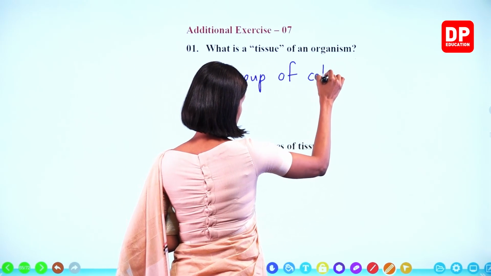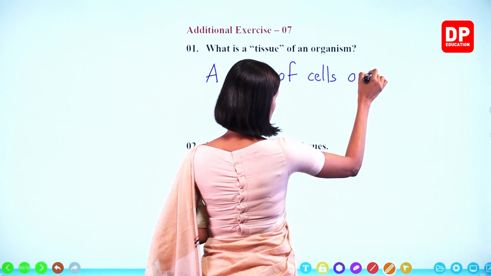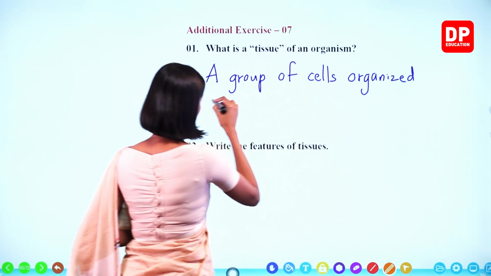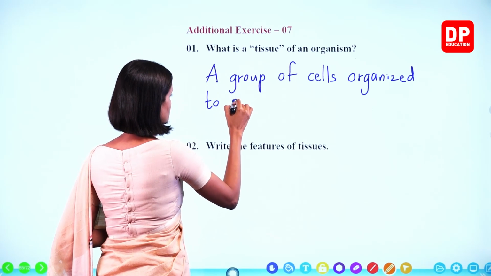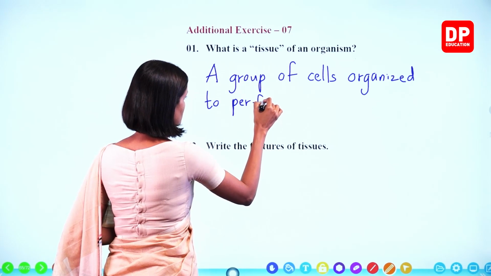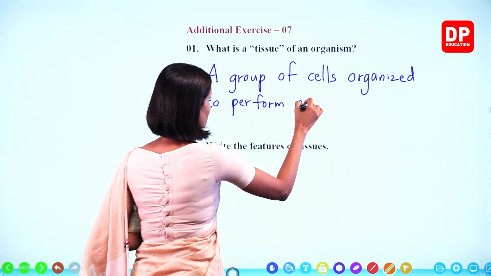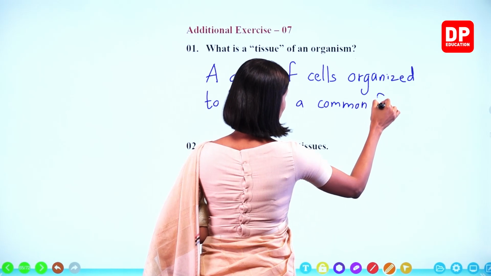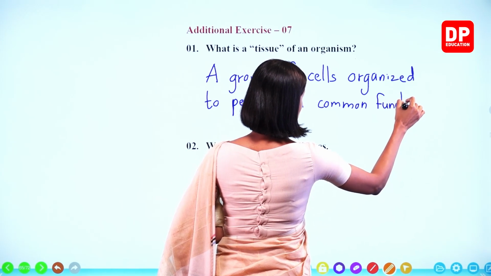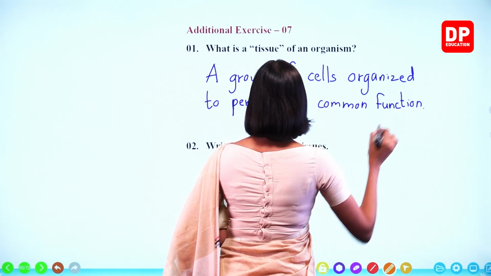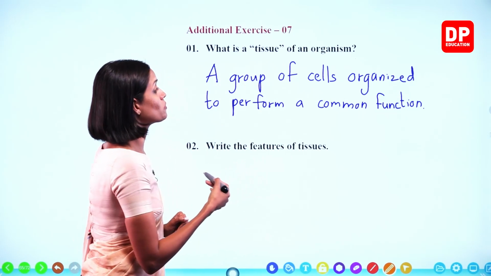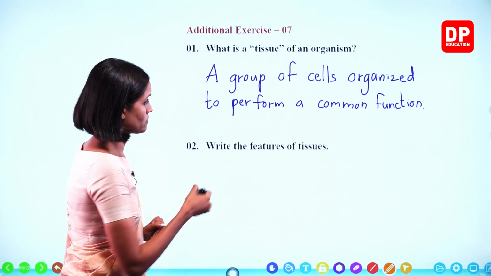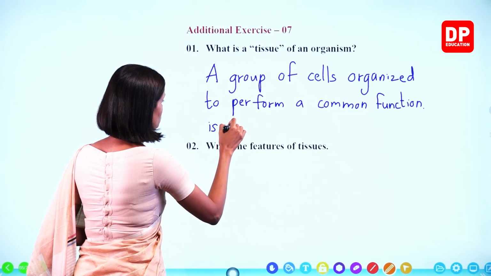A group of cells organized to perform a common function is known as a tissue.